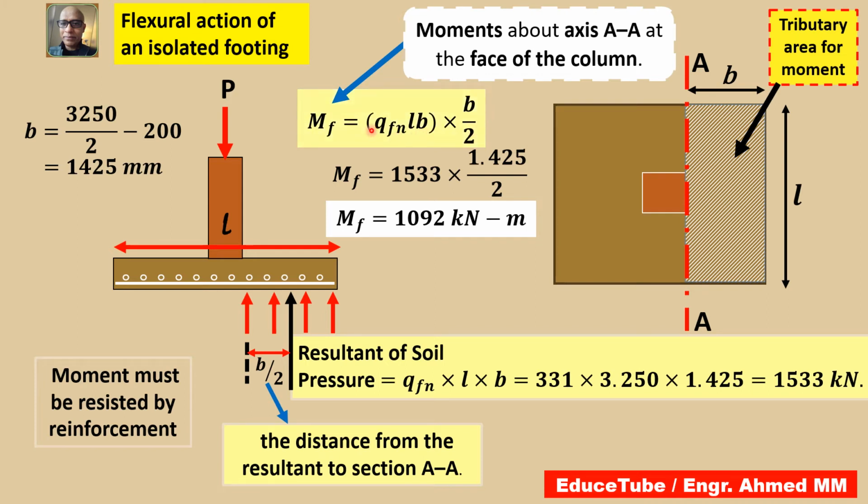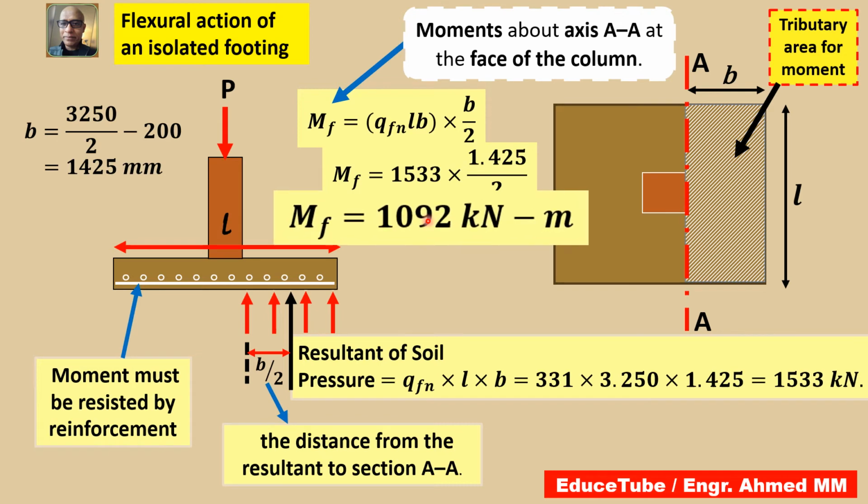QFN L B multiplied by B by 2. We know this value, so it is easy to find. So MF is the applied moment at the section due to factored load.